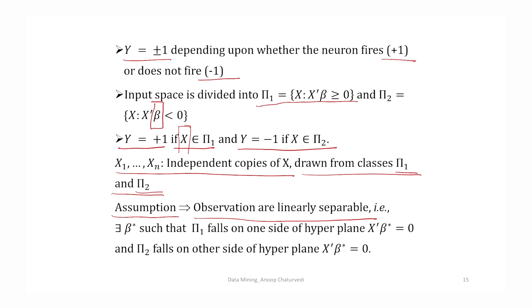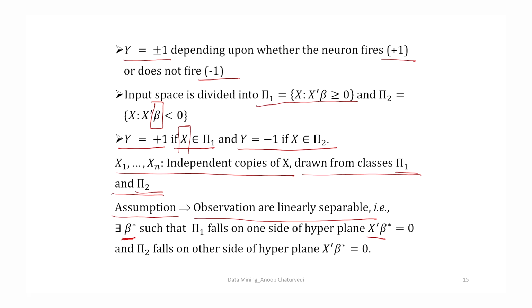We say that observations are linearly separable if there exists a beta star such that pi 1 falls on one side of the hyperplane x transpose beta star equal to 0 and pi 2 falls on the other side of the hyperplane x transpose beta star equal to 0.